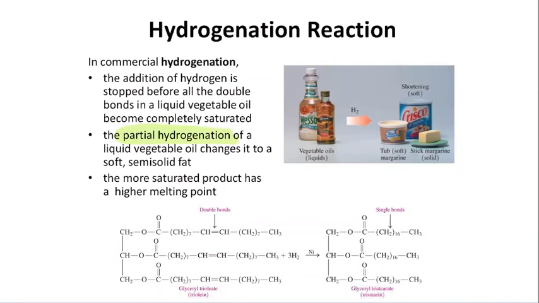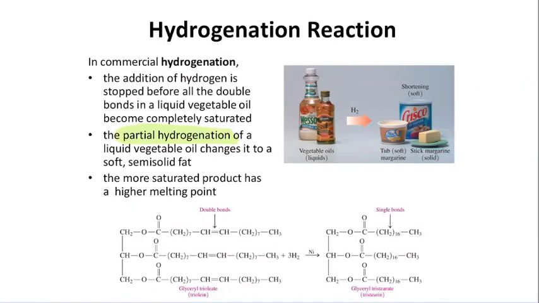Doing partial hydrogenation now allows these molecules, at the chemical level, to create things that have a different state of matter. So by doing partial hydrogenation, you can actually make something that is a semi-solid fat, semi-solid from the point of view that now it is saturated.